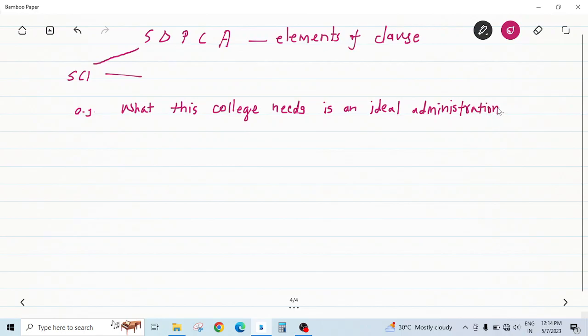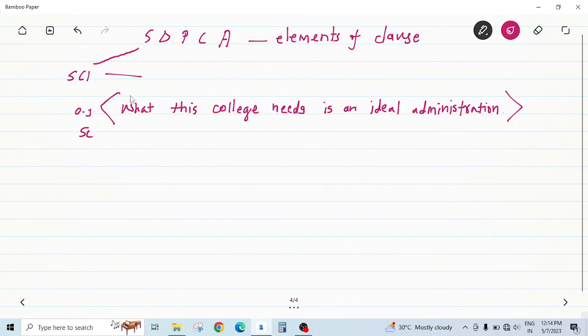Now this is a complex sentence which is made up of main clause and subordinate clause.